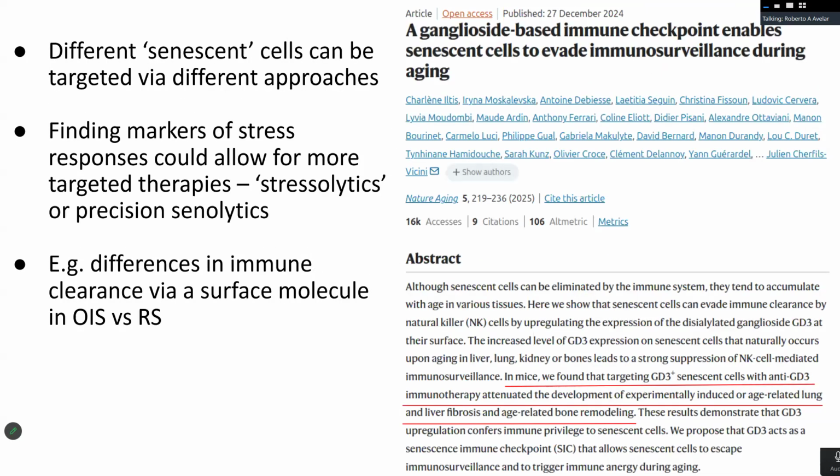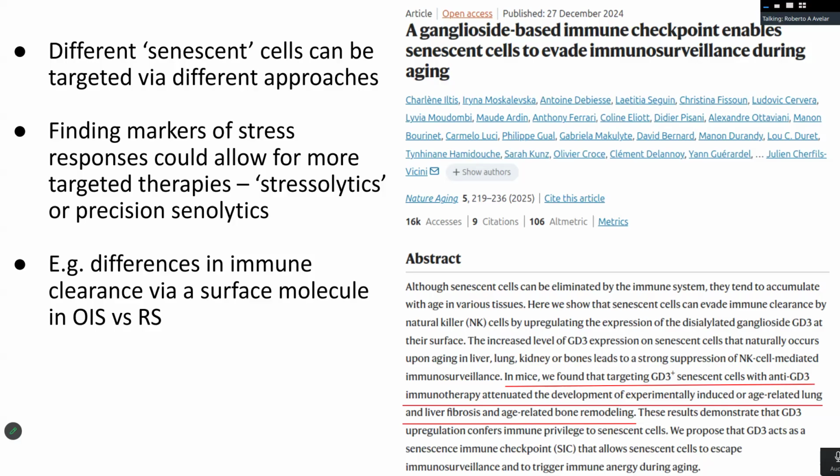But this is another very interesting paper. This actually won the poster prize for the big senescence conference last year. They found that in mice, cells that are oncogene-induced senesced versus replicatively senesced have different surface markers.